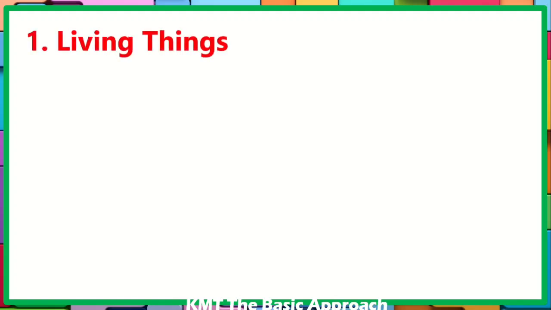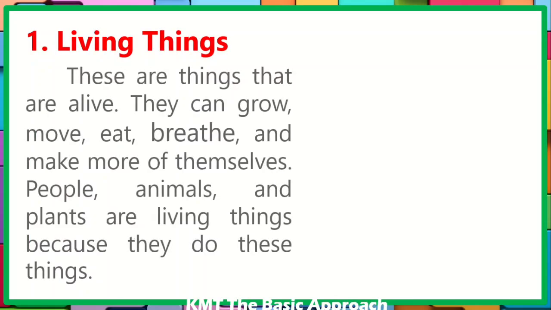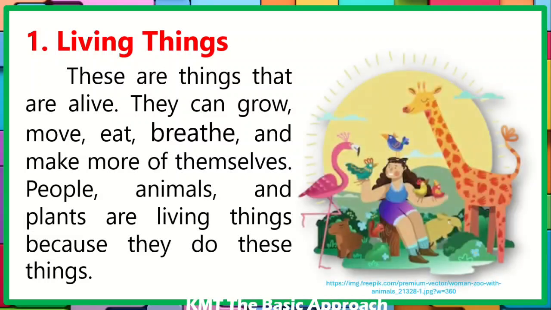Let us now learn what is number 1, living things. These are things that are alive. They can grow, move, eat, breathe, and make more of themselves. People, animals, and plants are living things because they do these things.